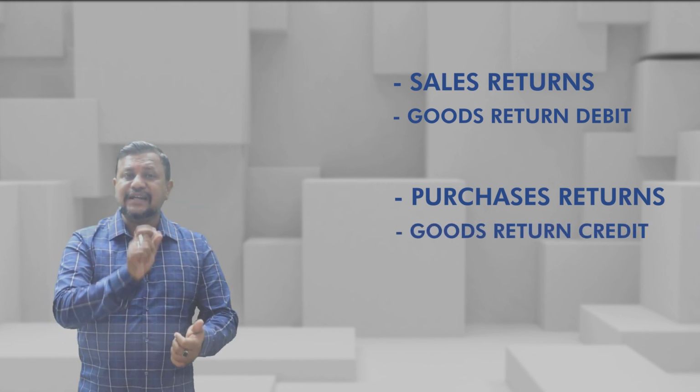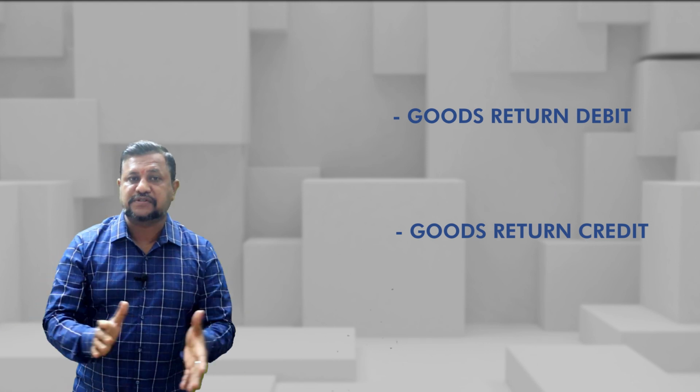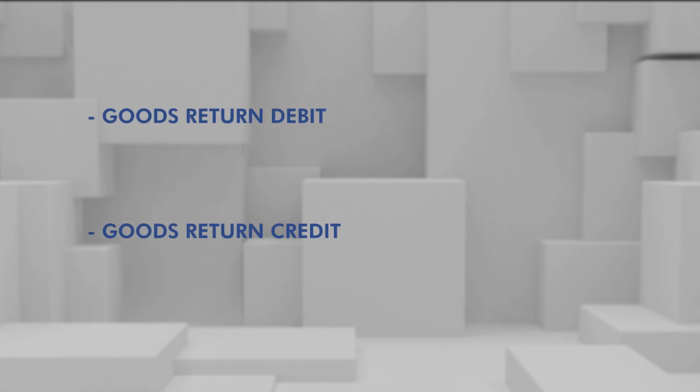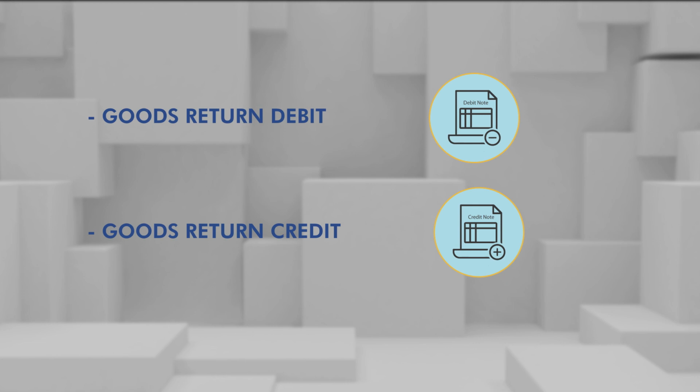Well, the terms debit and credit they have used for what? Goods returns debit means we have issued a debit note, guys, and goods returns credit means we have issued a credit note.